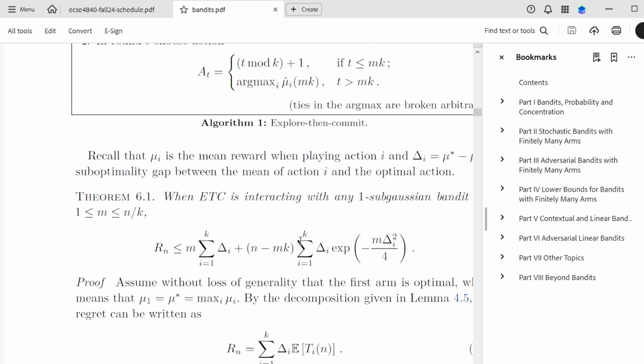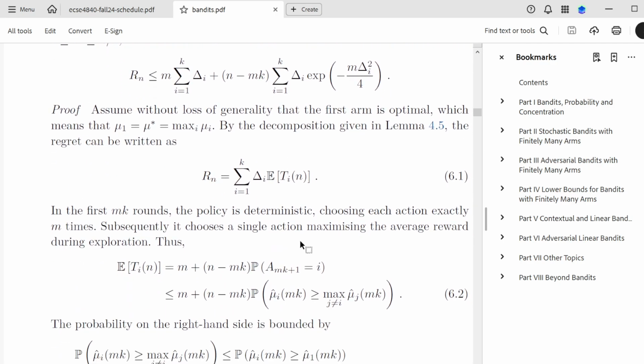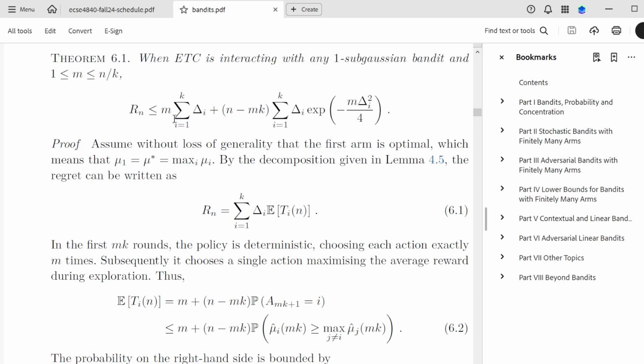There's lots of intense math on the regrets. Here you can see a key theorem on regret for the explore and commit algorithm, where this is the exploration part, m times the gaps for the arms, and then what's left over is the number of pulls I have left times this bound.